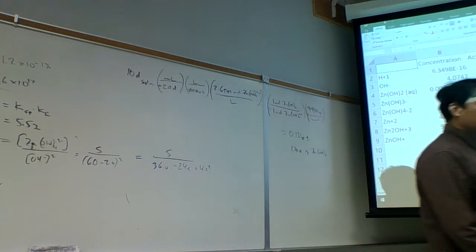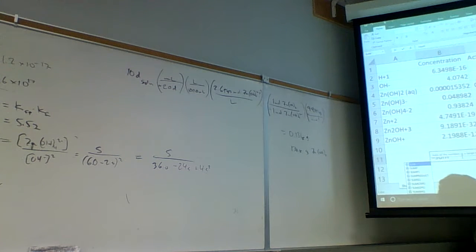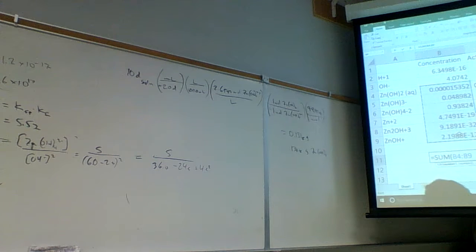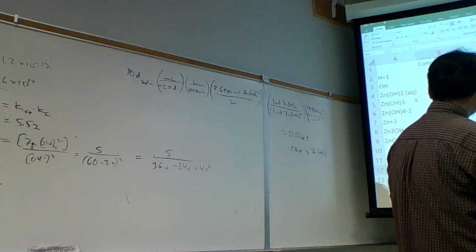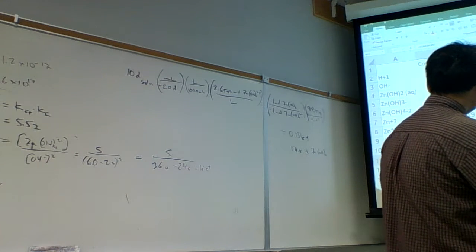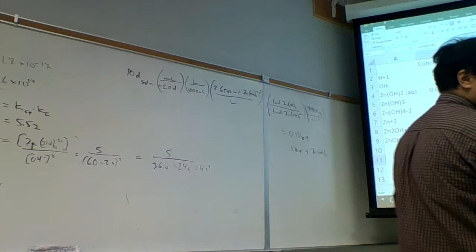So in reality, when we're looking at solubility, we have to sum up all these. This would equal the sum of all the zinc-containing species. We sum up all those, and then this is the solubility of zinc hydroxide. I got to check the pH because this number is way different than our number that we just calculated.